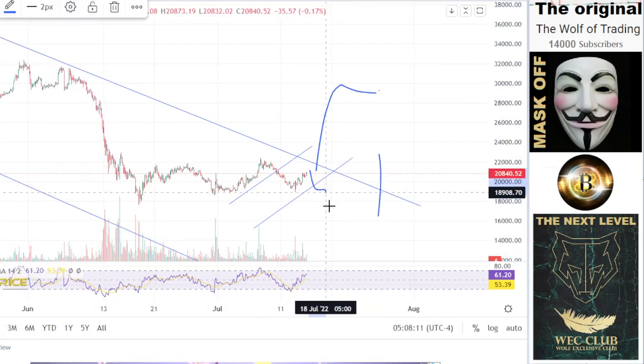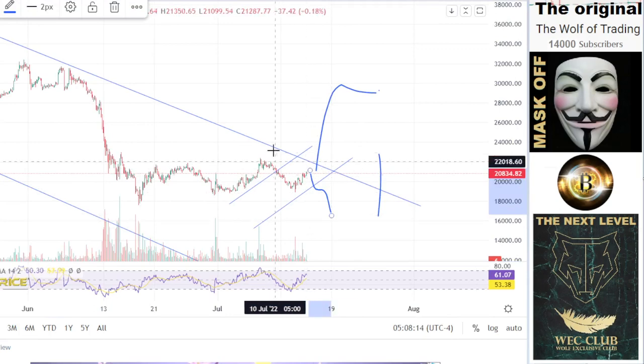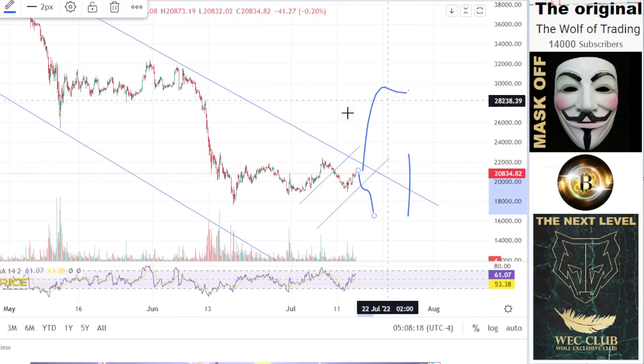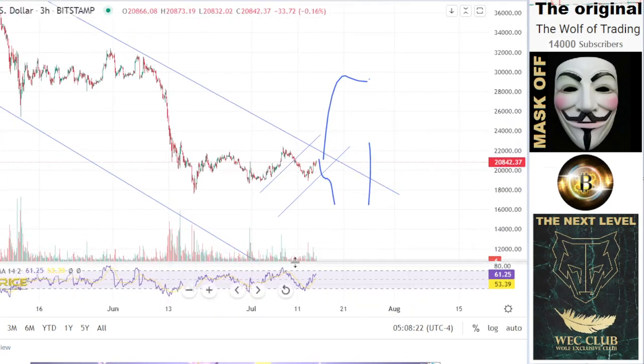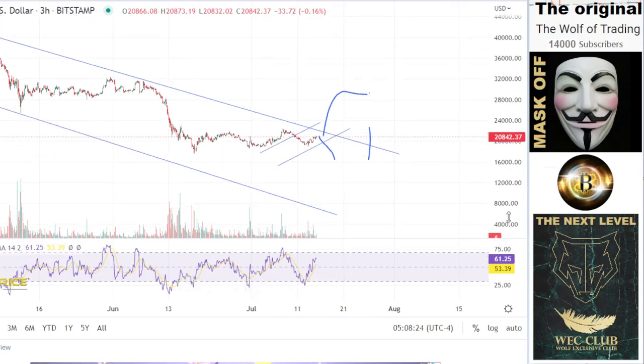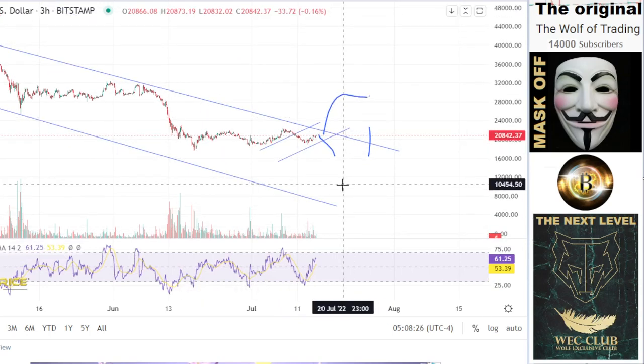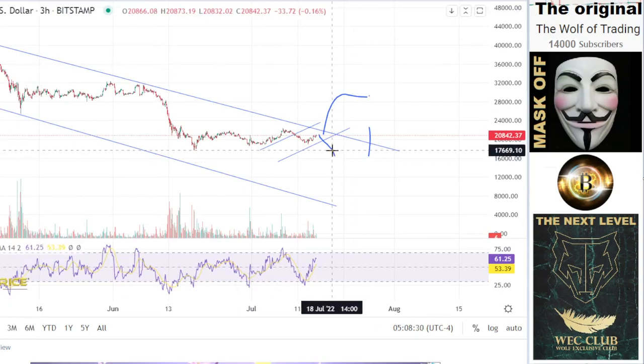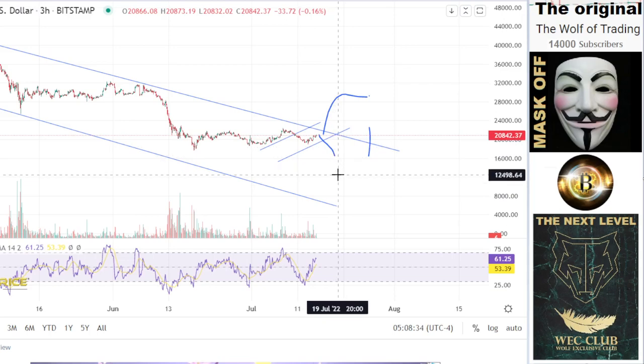Even if the moon boys are predicting 30,000, we will break here. We have the negative trend. This is a weak structure, and the price will go to the downside. In my eyes, the price should go really hard to 12,000 levels.